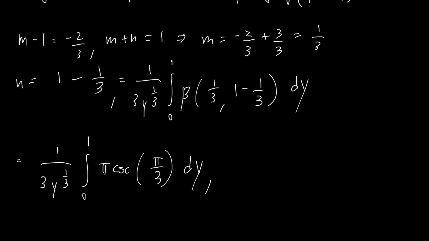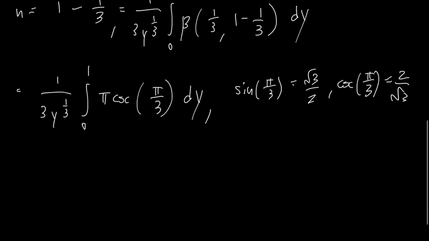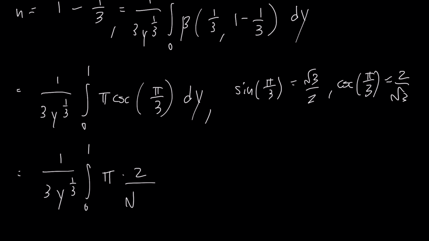And if we recall that the sine of pi over 3 is the square root of 3 over 2, which means that the cosecant of pi over 3 is 2 over the square root of 3. So this is 1 over 3 times y to the 1/3, the integral from 0 to 1 of pi times 2 over the square root of 3 dy.